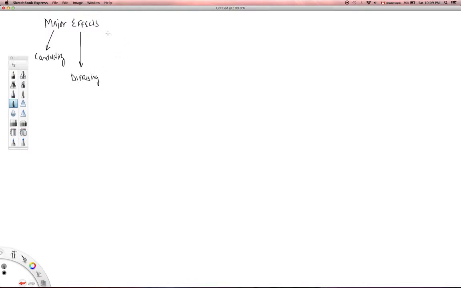And then we can also have agents that have more systemic effects. And what I mean by systemic is that a lot of agents may cause damage to the lungs, but they are absorbed and they have profound effects in the systemic areas of the body, so in other organ systems, other tissues, what have you. It's just not isolated to the pulmonary system. And we'll talk about what some of those agents may be.